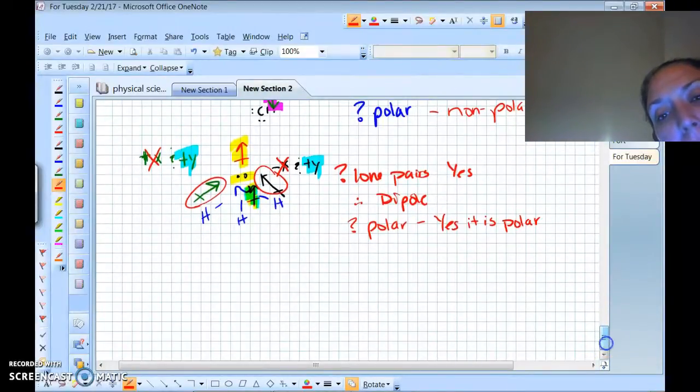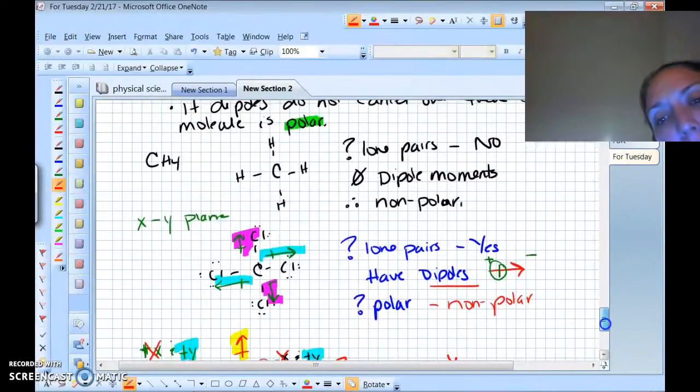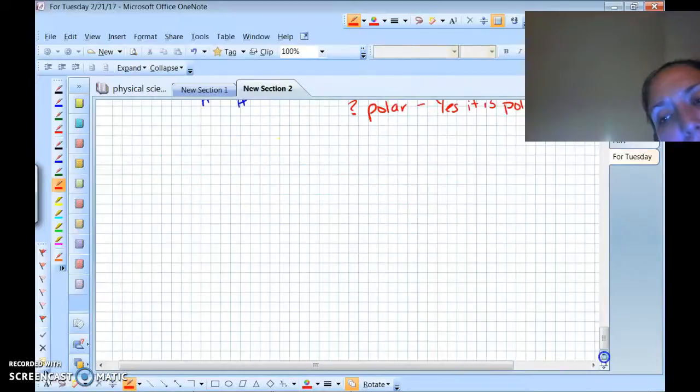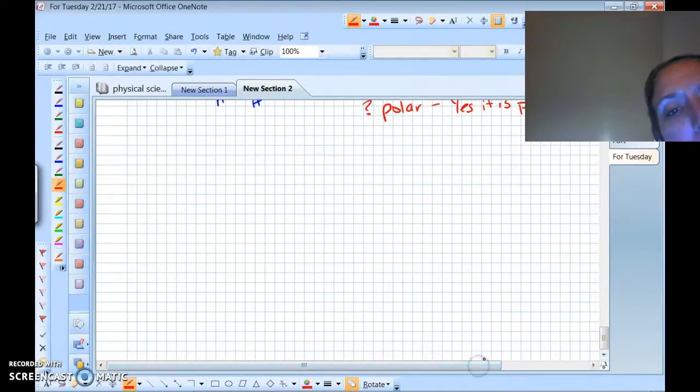I want y'all to practice drawing and trying to figure that out. There's more to it, but just for starters, we'll start with that. The very last thing I want to talk about are your intermolecular forces. This could go on forever, but I'm going to try to make it really quick. The first one I have is hydrogen bonding.